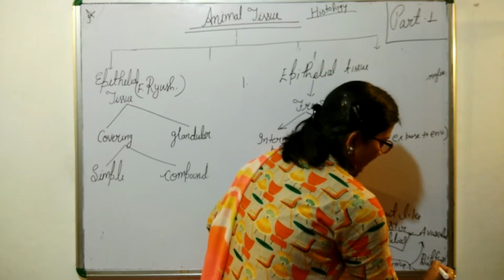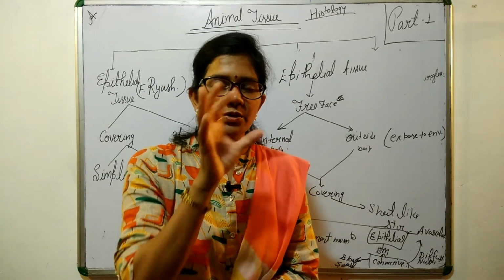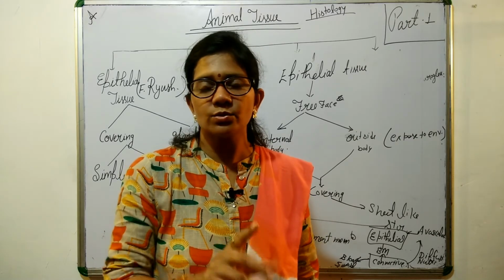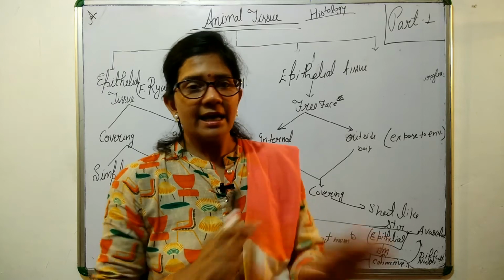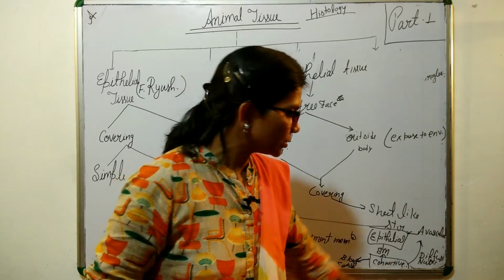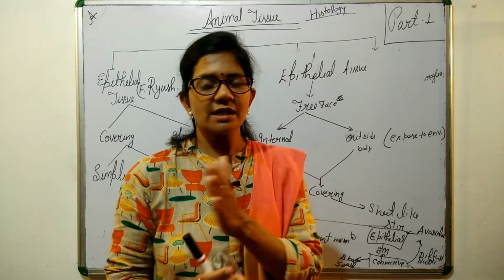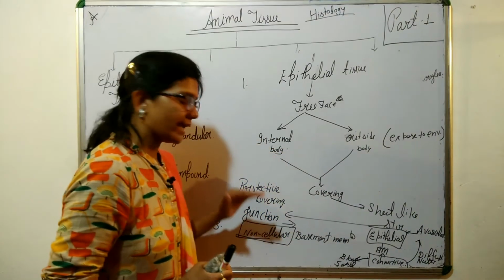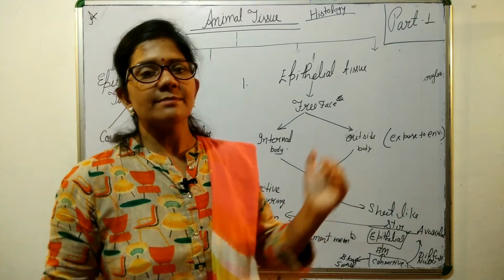The nutrients diffuse to the epithelial tissue and they absorb them. The connective tissue and epithelial tissues are separated by the basement membrane, which is acellular, not a cellular structure. These were the important points about the epithelial tissue.